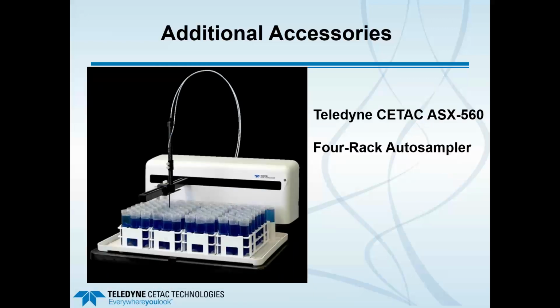And then the very common 4-rack auto sampler, which you also saw in an earlier slide, the Teledyne CETAC ASX-560. In this case, if you are using 50 ml sample tubes, that's a total of 84 across the 4 racks.